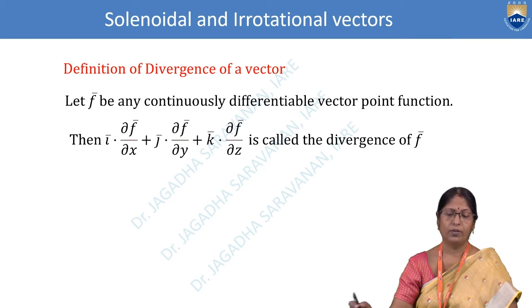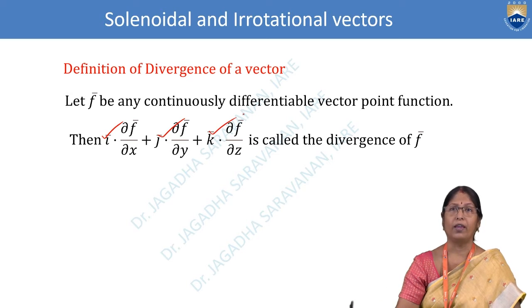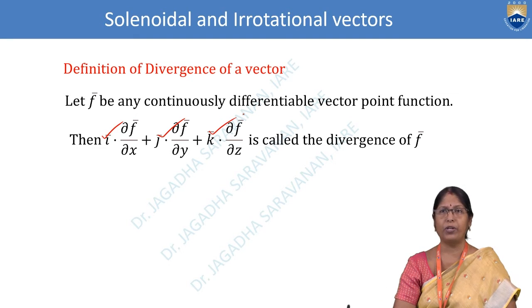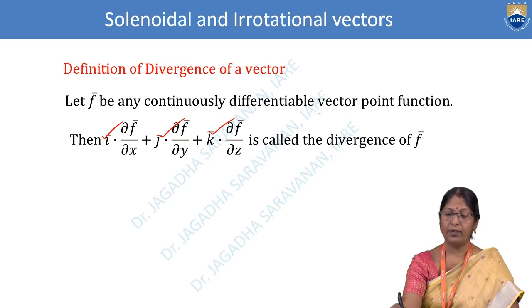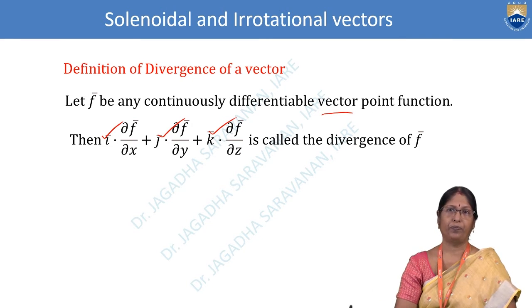Now i, j, k are mutually perpendicular unit vectors. Unit vectors have magnitude 1. A vector has magnitude as well as direction.